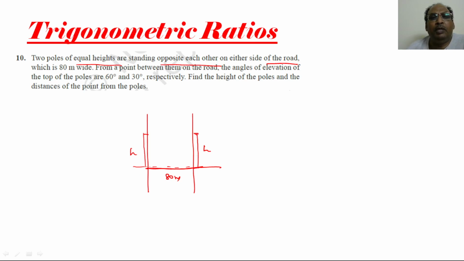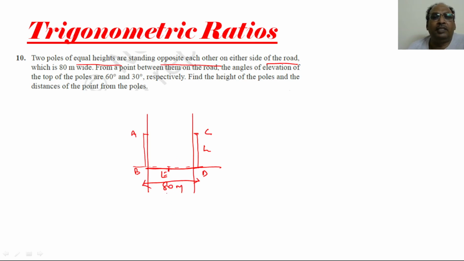From a point between them on the road, any one point, suppose you take it as A, B and C, D, and any point that is E. Any point E. This width is 80 meter.